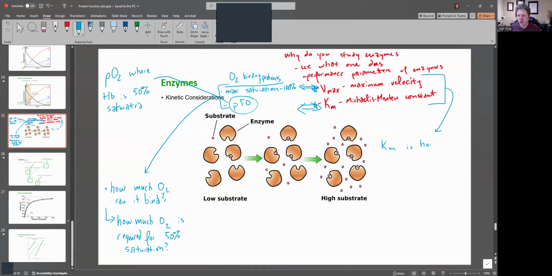Km is how much substrate gets the enzyme to go half as fast as possible, and as fast as possible is its Vmax.